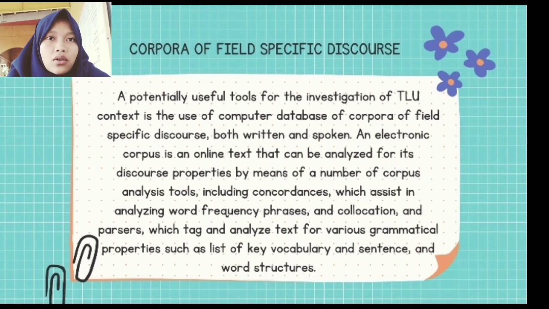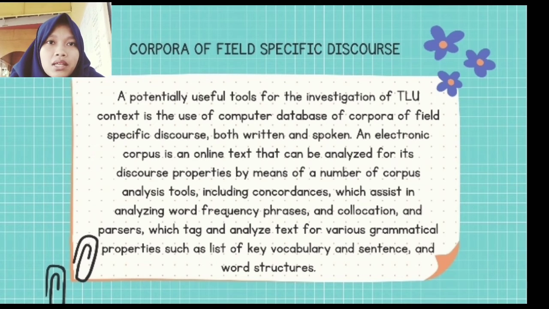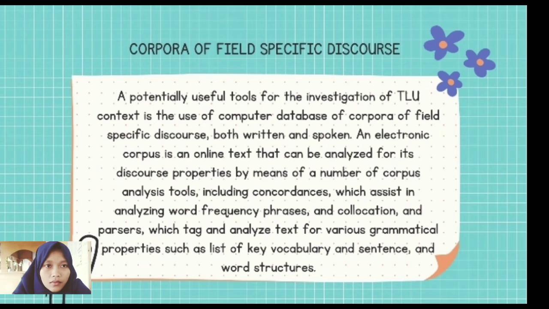An electronic corpus is an online text that can be analyzed for its discourse properties by means of a number of corpus analysis tools, including concordances, which assist in analyzing word frequency, phrases, and collocation, and parsers, which take and analyze text for various grammatical properties, such as a list of key vocabulary and sentence and word structures.